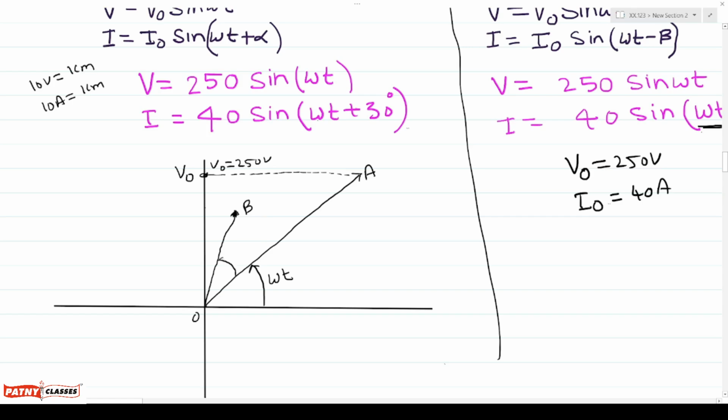The angle from the voltage vector is 30 degrees, 30 degrees away from voltage. So the total angle equals omega t plus 30 degrees. And if you draw the projection, it gives the I naught. So OA stands for the phasor of voltage, and OB stands for the phasor of current. Altogether, it is called the phasor diagram for current and voltage.